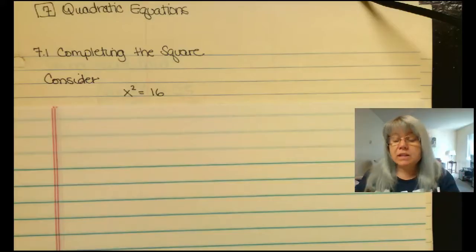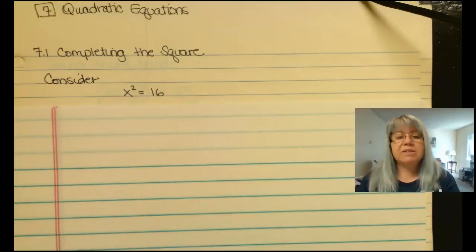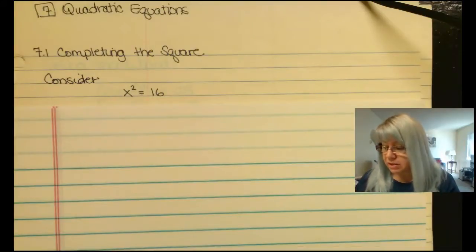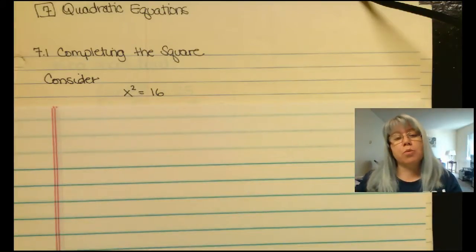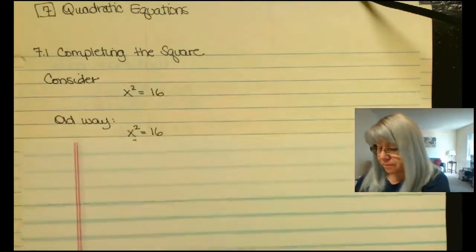So when we're completing the square, what we're talking about is generally on the left-hand side we have something that is squared and then we have a value on the right-hand side. So let's consider a problem like x squared equals 16. In our old way of solving this, what we would have done is bring the 16 over to the left-hand side and set it to 0.